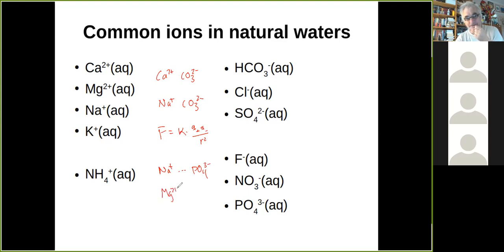But magnesium phosphate, this is quite a strong bond, here indicated by a solid line. It's not a traditional covalent bond, even though it may have some covalent character, of course. And aluminum, that is a very, very strong bond.